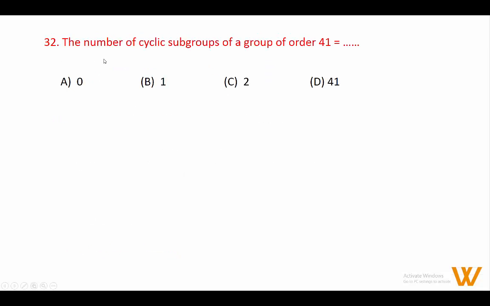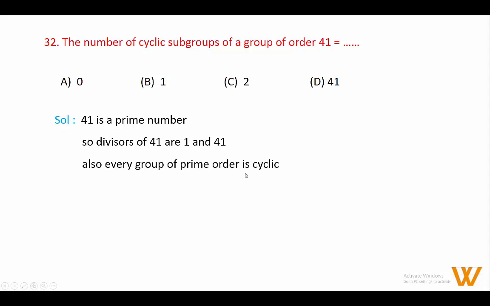32. The number of cyclic subgroups of a group of order 41 is equal to dash dash dash. 41 is a prime number, so the divisors of 41 are 1 and 41 only.